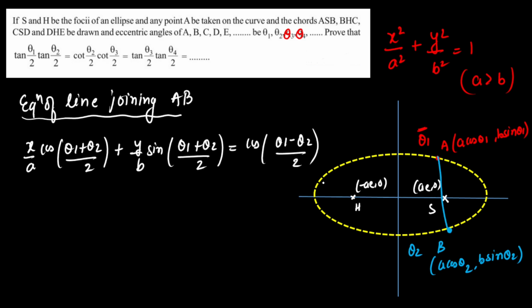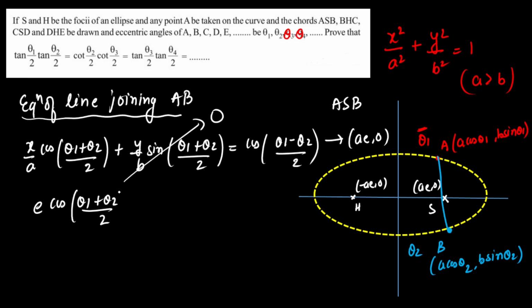Now they are saying the first chord is passing through S. As mentioned, AS to B is the first chord, so it is going to pass through the first focus, that is ae comma 0. If I substitute this point, this y term will be 0, and we get e times cos of (theta 1 plus theta 2) divided by 2 is equal to cos of (theta 1 minus theta 2) divided by 2.